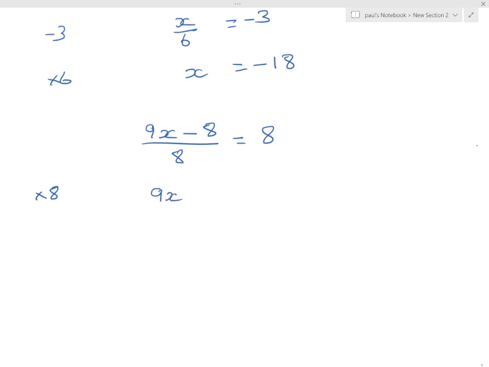So I've got 9x minus 8 equals 8 8s are 64. Then I'm going to add 8, which is 9x equals 72, and then divide by 9. So x is 72 divided by 9. 72 divided by 9 is 8. 8 9s are 72.